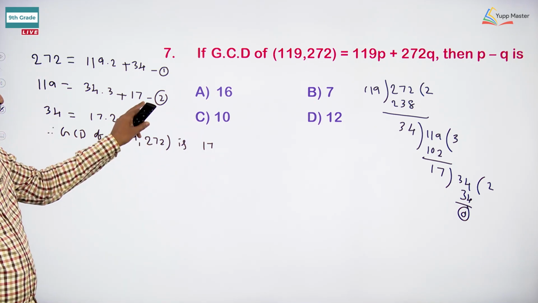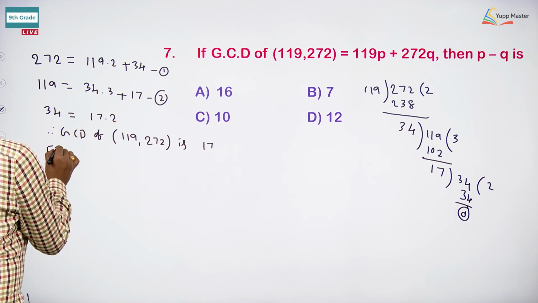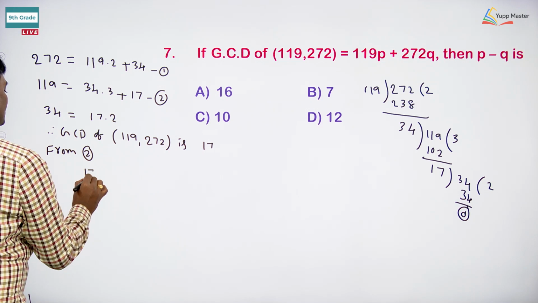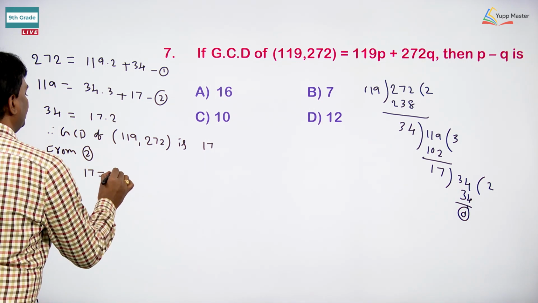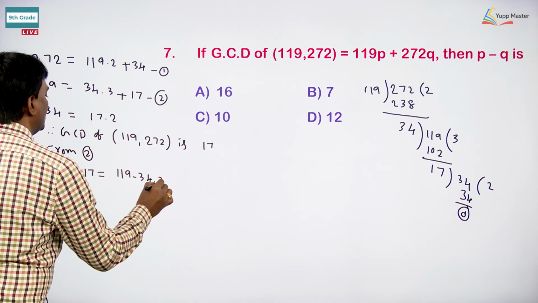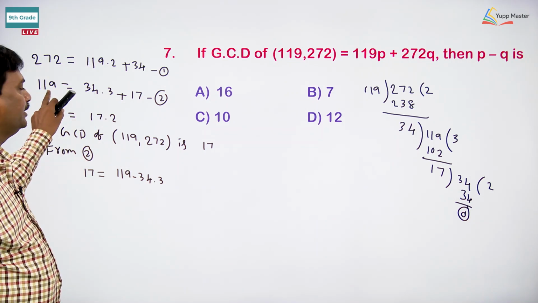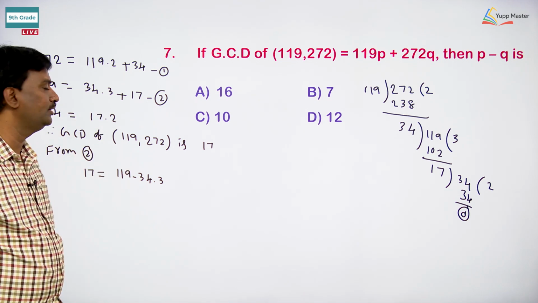From equation 2, if we take 34 into 3 to the other side, we can write 17 equals 119 minus 34 into 3.